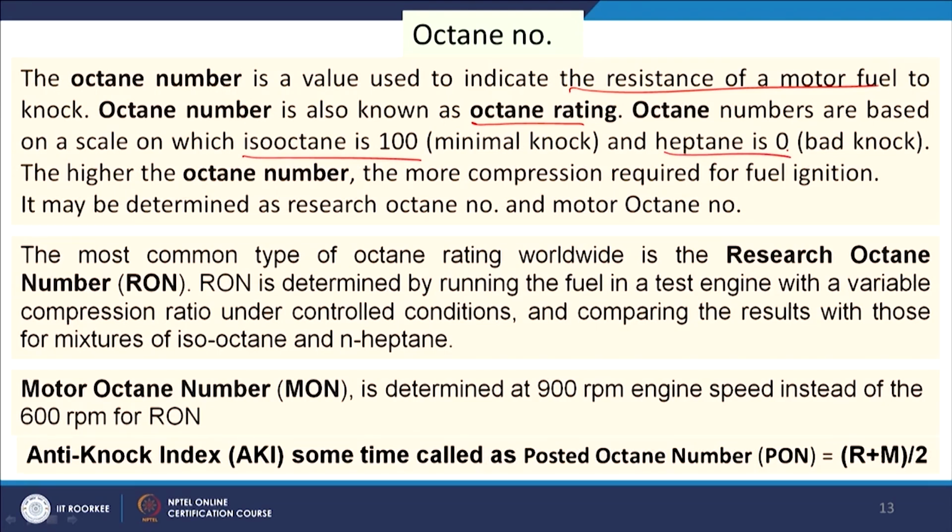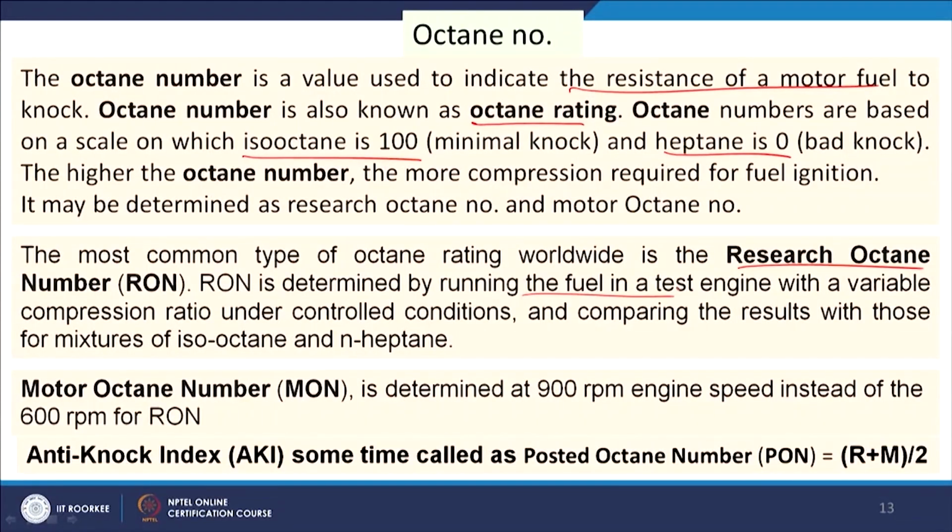So, if we have a fuel which burns in a similar way, having a similar knocking property to a blend of isooctane and heptane, the percentage of isooctane in that blend will be the octane number of this fuel. And for the determination of octane number, a standard machine is used in the laboratory.